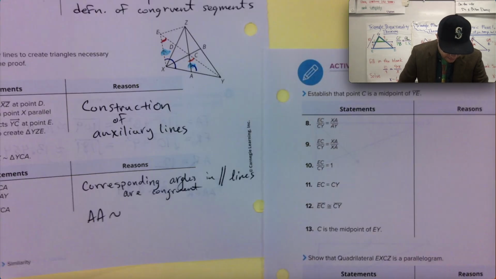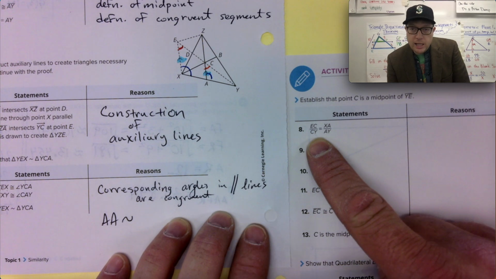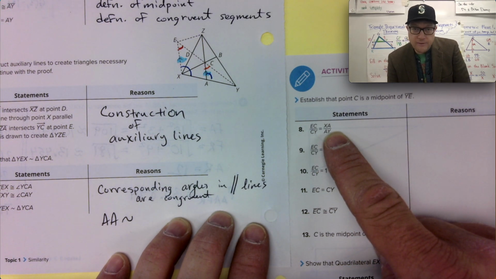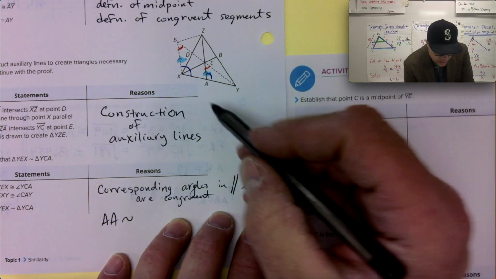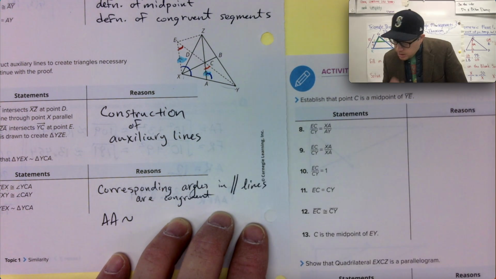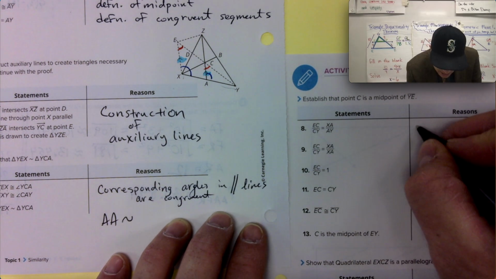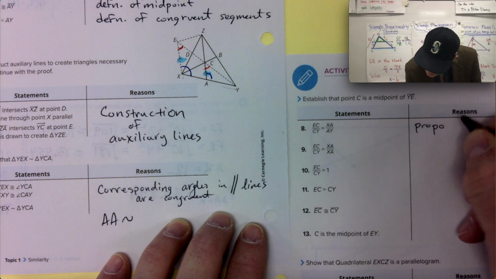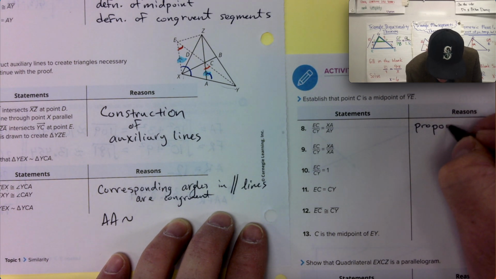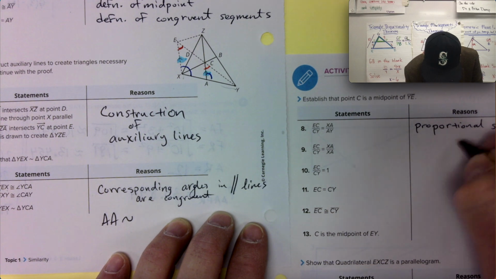So a little rearrangement on my desk, just so I can make sure everything's visible here. And now we have EC divided by CY equals AX divided by AY. That looks like parts of the triangle, and because we have a triangle that is similar to another one, this is the proportional segments theorem.